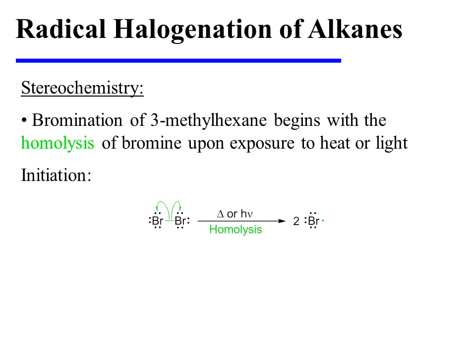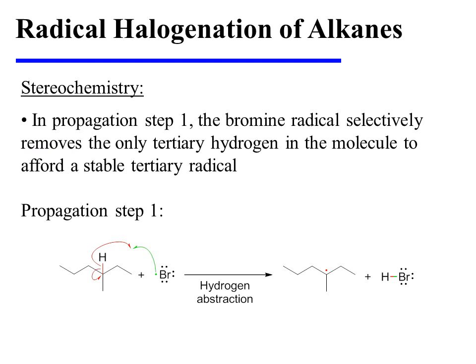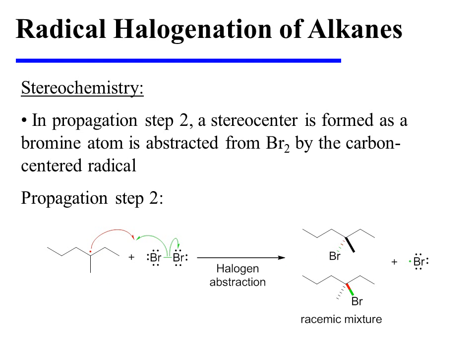Let's consider the bromination of 3-methylhexane, which begins with the homolysis of bromine. During propagation step 1, the bromine radical will selectively remove the hydrogen from the only tertiary center in the molecule. This affords a stable tertiary radical.